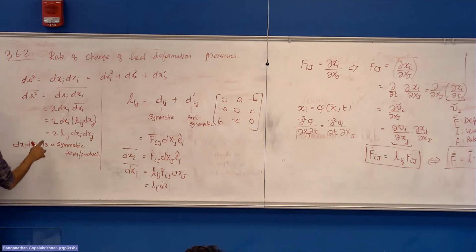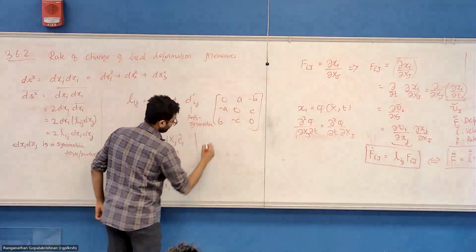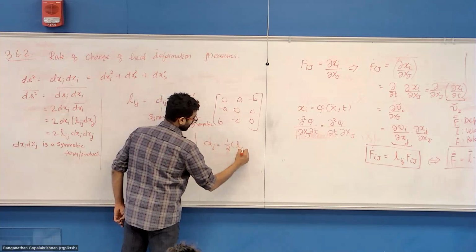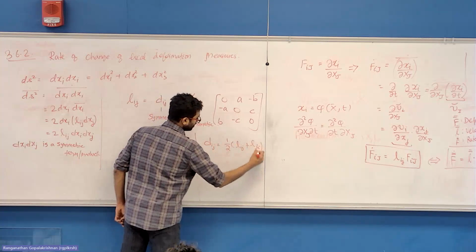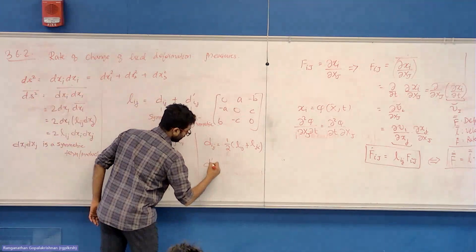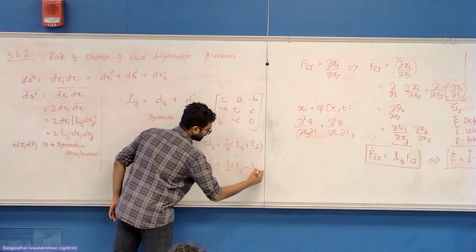So d_ij is half of L_ij plus L_ji, and d dash ij, which we don't need anyway, is half of L_ij minus L_ji.